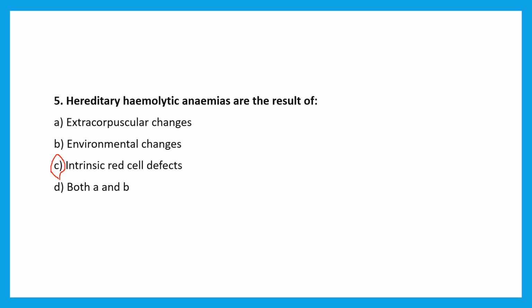Or it can include the abnormalities of the enzymes, the enzymopathies, such as the G6PD deficiency. So intrinsic red cell defects are the result of hereditary hemolytic anemias. So C is our best answer here.